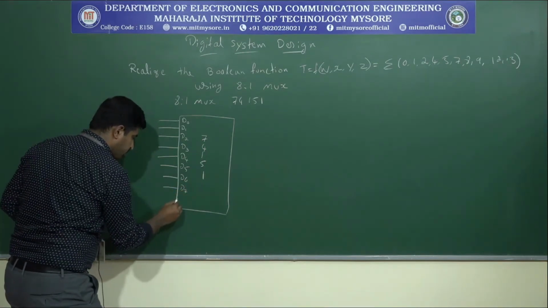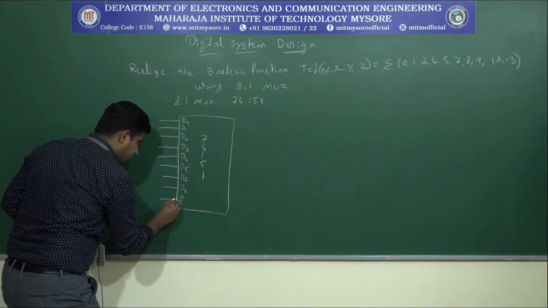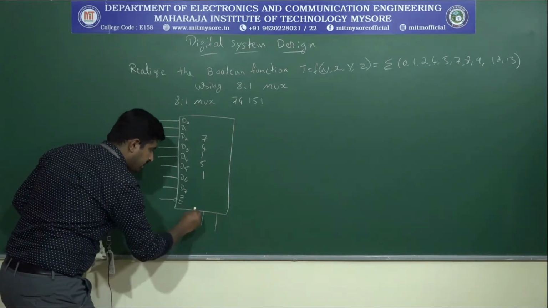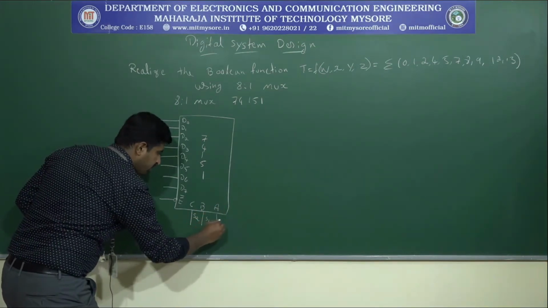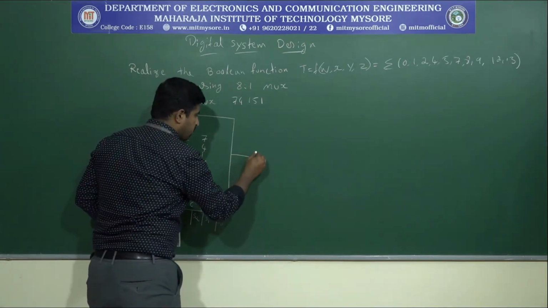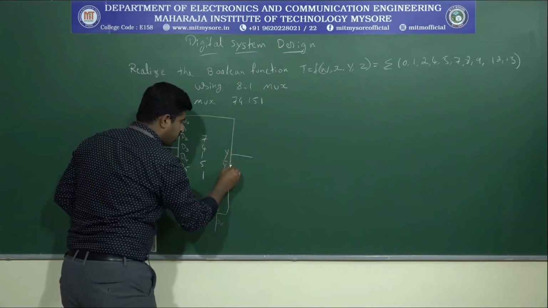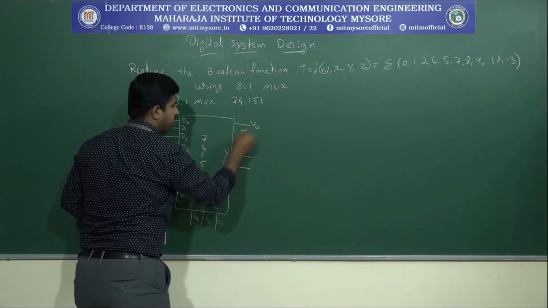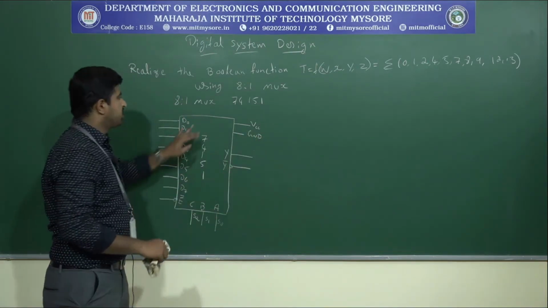There is one enable pin, and it is an active low pin, so we indicate it with a bubble. We have 3 select lines C, B, A corresponding to S2, S1 and S0. We have 2 outputs, one is Y and the other is its complement. As usual we have the power supply VCC and the ground. So this is an 8:1 mux.